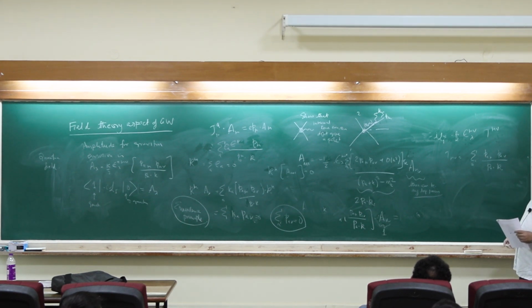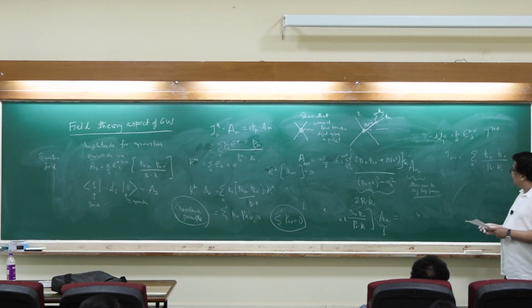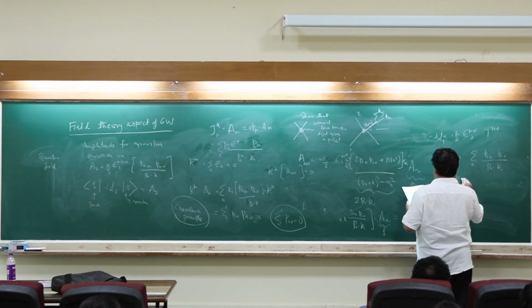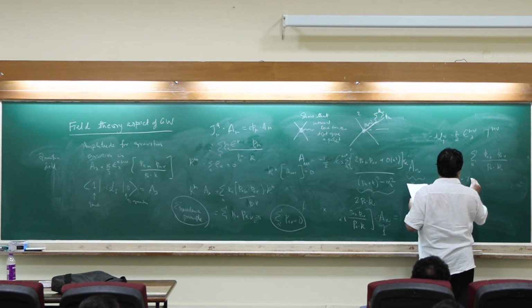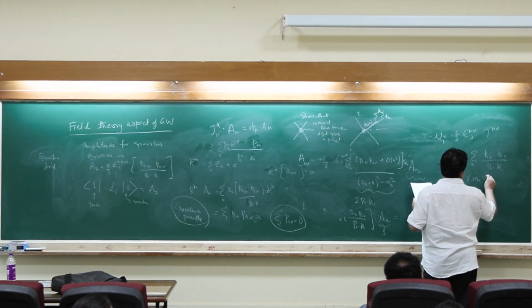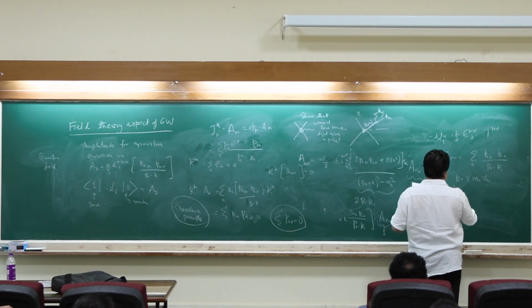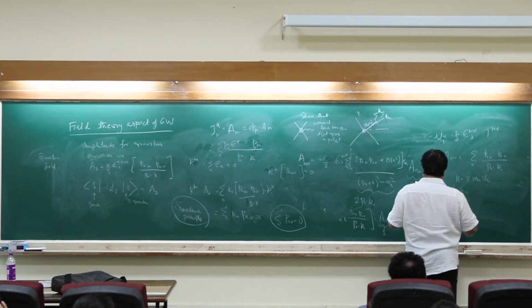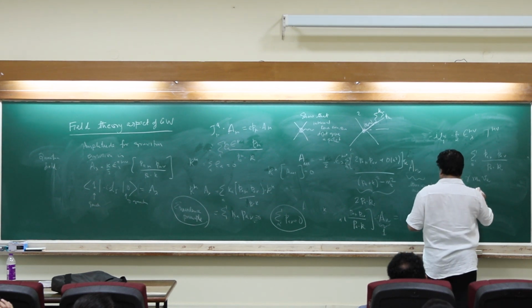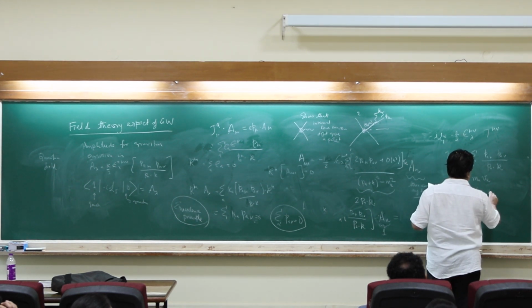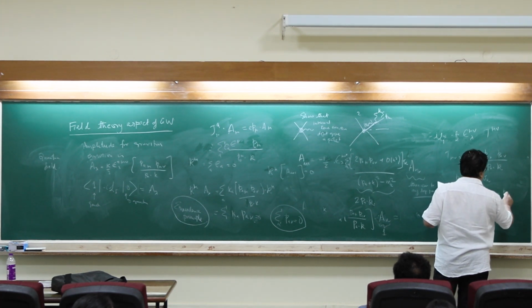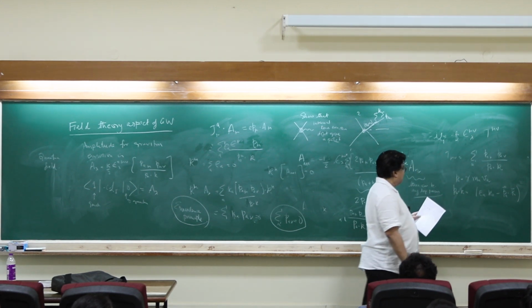Now you see, this is something which I derived last time. If you take P A, which is gamma times M A V A, and I'll write this P dot K, I'll pull out E A and K naught.